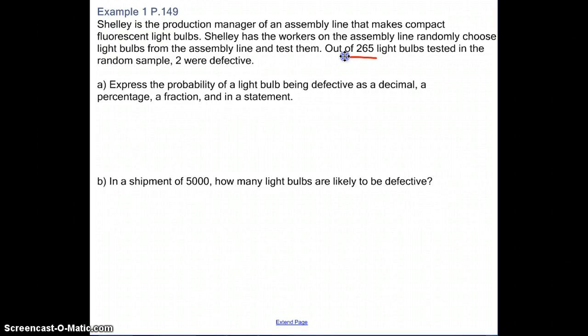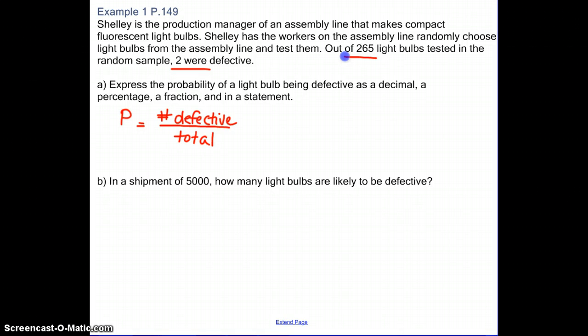Out of 265 light bulbs, 2 were defective. First we want to express the probability of a light bulb being defective as a decimal, and then a percentage and a fraction, and in a written statement. First, the probability of our event is the number defective over the total.